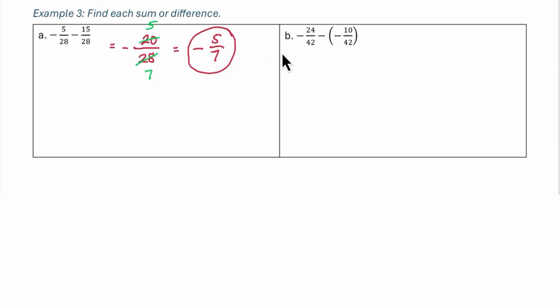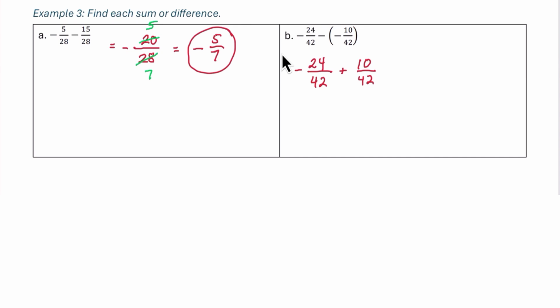In example B, recognize that we have common denominators. And look at this, we have negative, negative. Remember, when we have negative, negative, that's really a positive. So we can think of this as 24 over 42 plus 10 over 42.